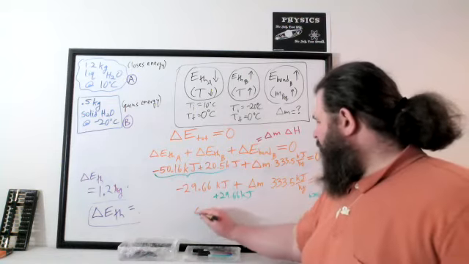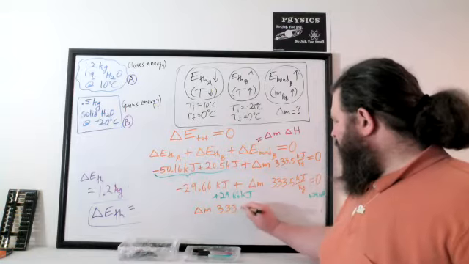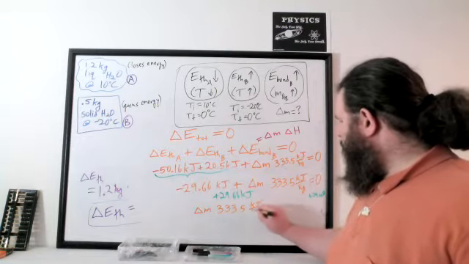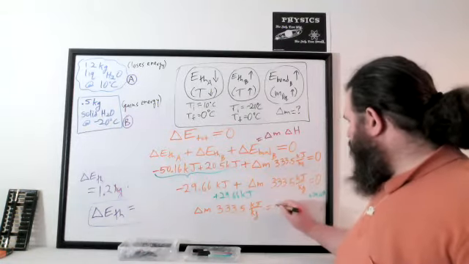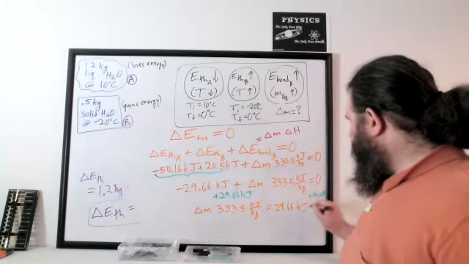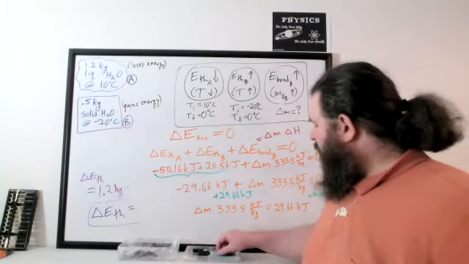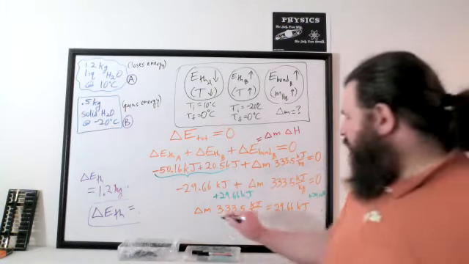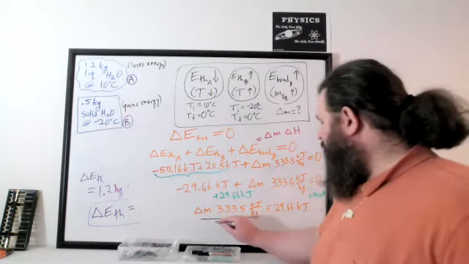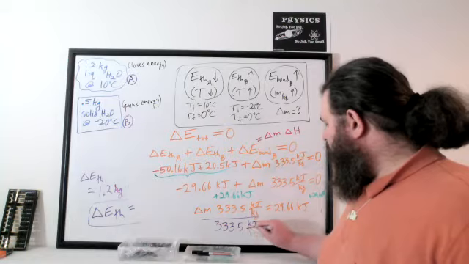And we get delta M, which is unknown, times this coefficient, 333.5 kilojoules per kilogram, equals 29.66 kilojoules. And then what? Yeah, then we can divide by 333.5. And I would keep the units attached to that. We're not just dividing by 333.5. We're dividing by 333.5 kilojoules per kilogram.